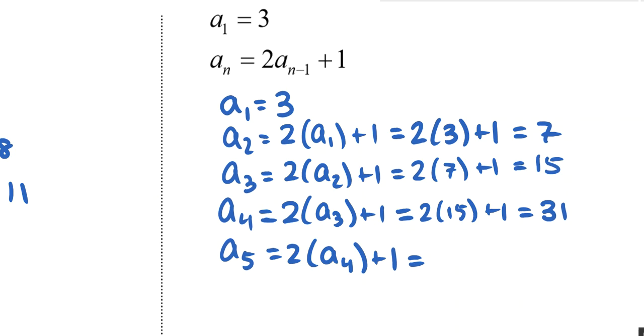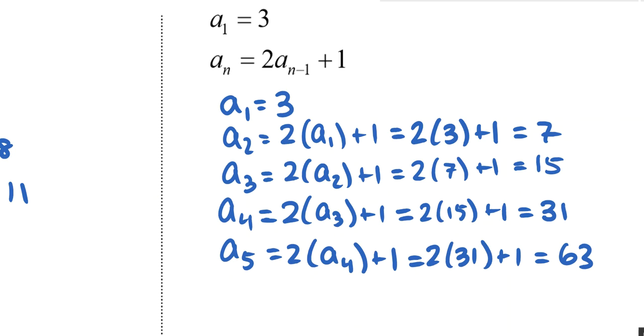And 2 times the fourth term, or 2 times 31, plus 1 would be 63. So we've looked at 2 recursive sequences and we've written out the first 5 terms based upon the sequence.